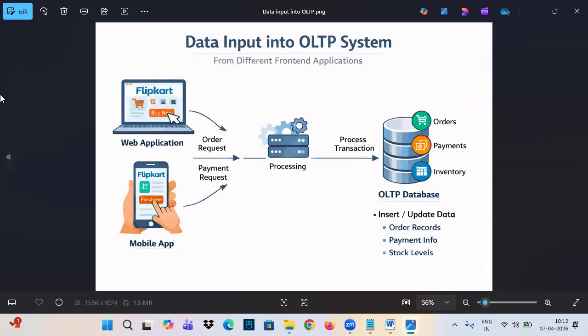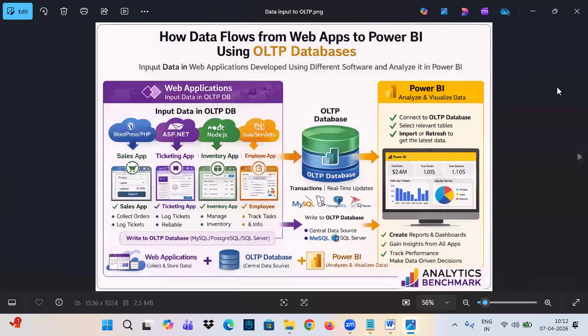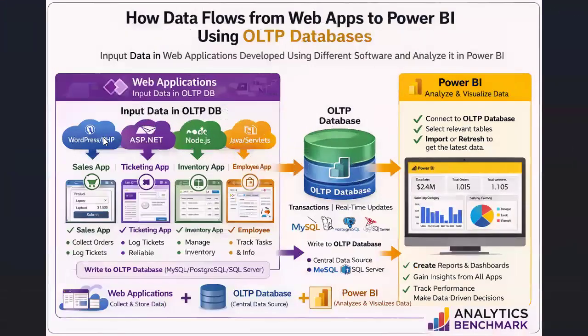Like this, you'll get the data, guys. We'll have a lot of front-end applications developed using some front-end software. When you do some transaction there, that data will come and sit in the OLTP database. Whatever business data we get into this OLTP database, we'll use it in Power BI for analysis or visualization. That you will understand.